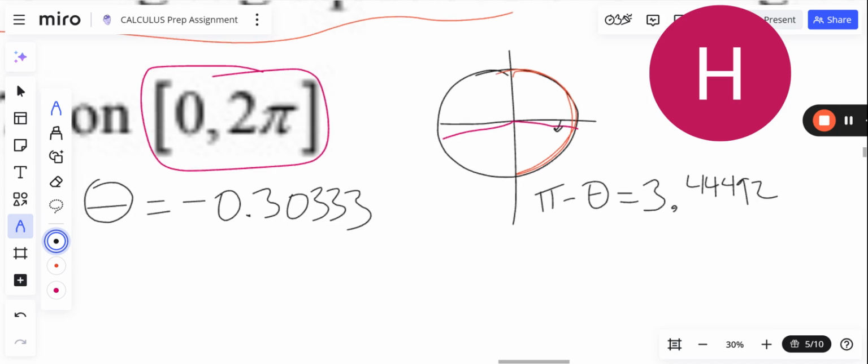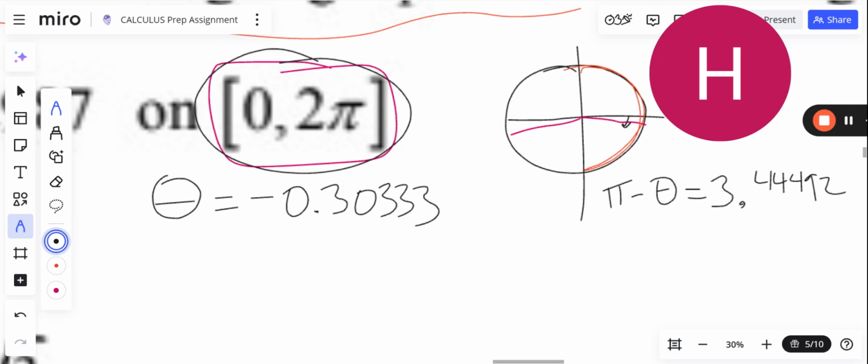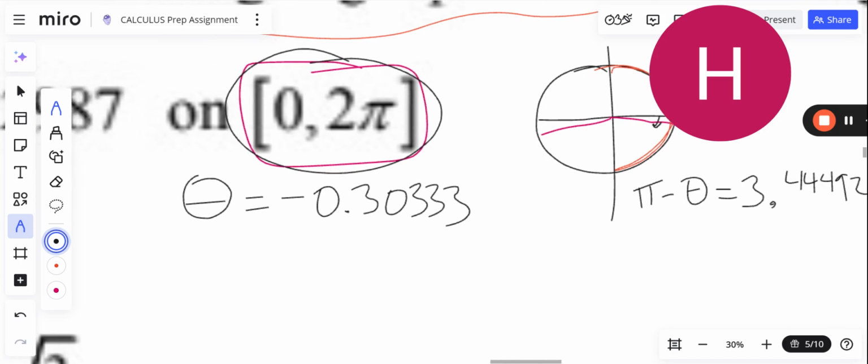3.4492. Now, because of our range here, or our interval of restriction, we need to change this angle. We cannot call this negative. We need to make it somewhere between 0 and 2 pi. So we're simply going to add 2 pi.